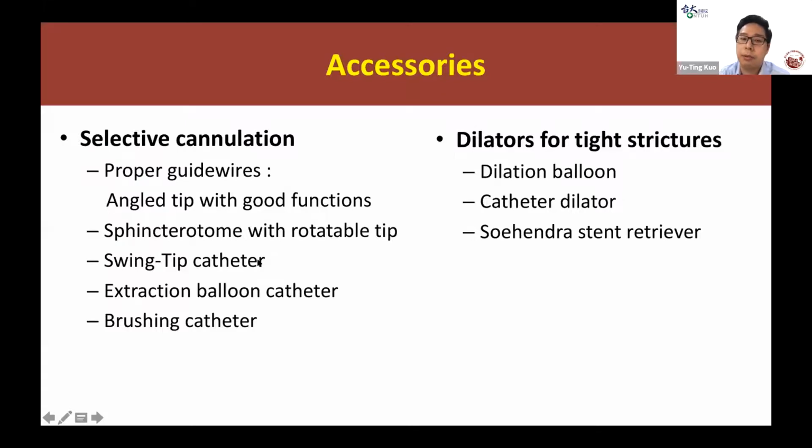Sometimes you can inflate a balloon to change the direction, and also if the patient has a stricture, you can use a brushing catheter for selective cannulation. And for dilation, you can use a dilation balloon, catheter dilator, or Soehendra stent retriever.